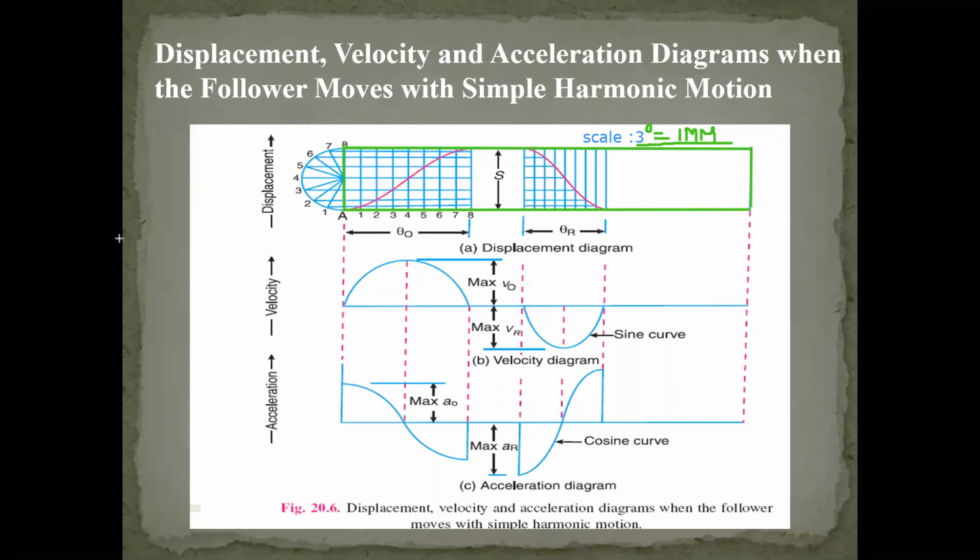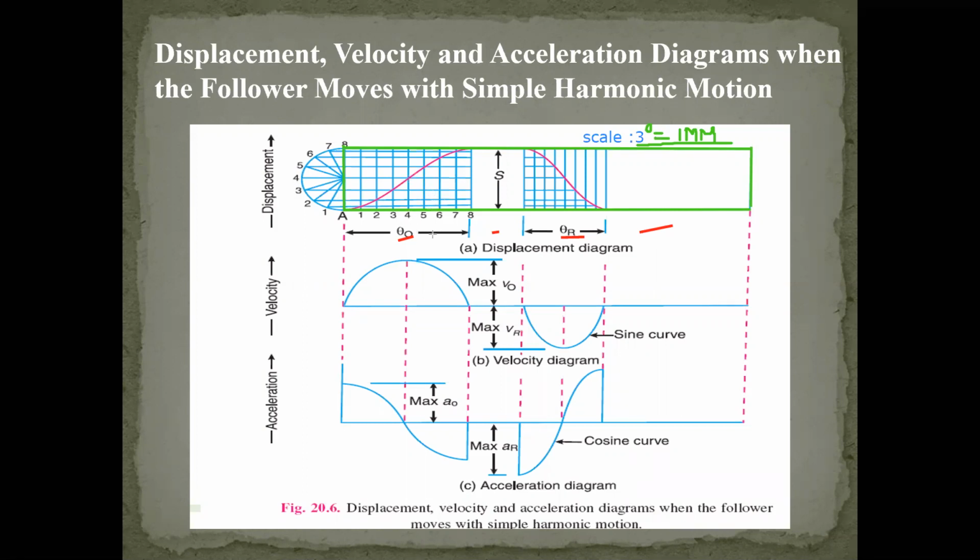Now we have to represent our outstroke period and dwell period. This is the dwell, this is the return stroke period, and this is the remaining dwell period. For the outstroke value, for example, they may give 120 degrees.